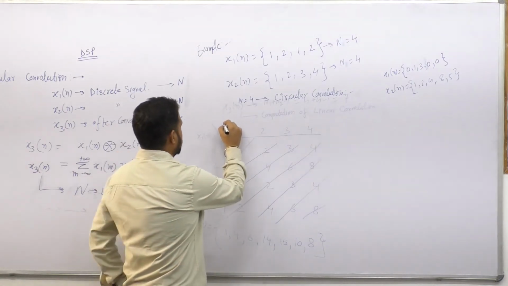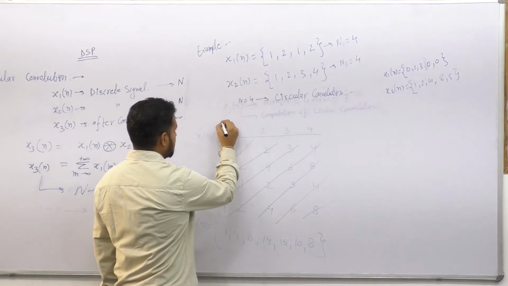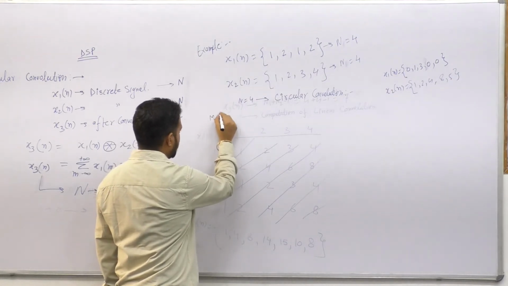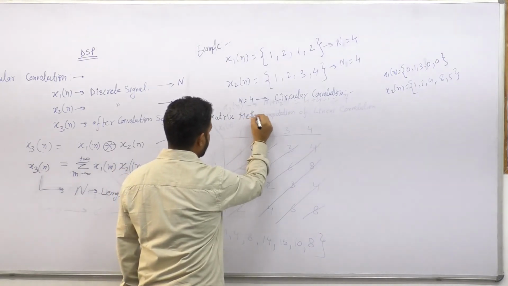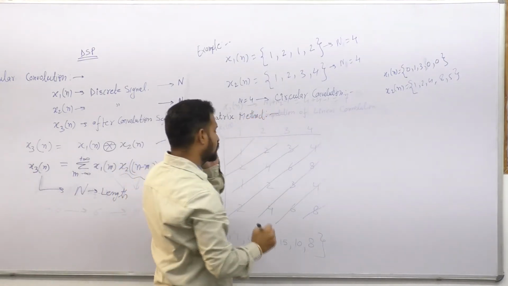So the formula for the matrix method, I am writing the matrix method for the circular convolution.